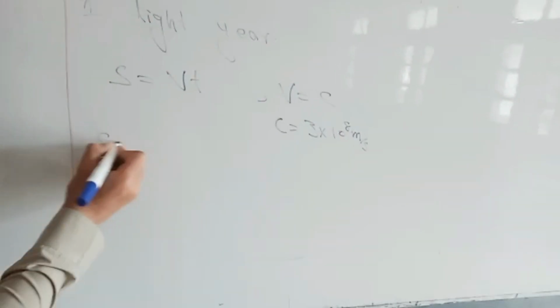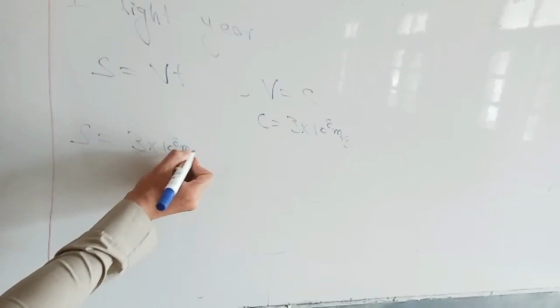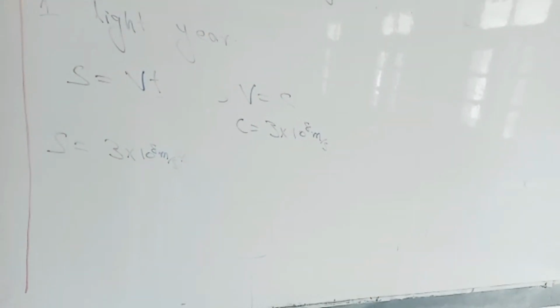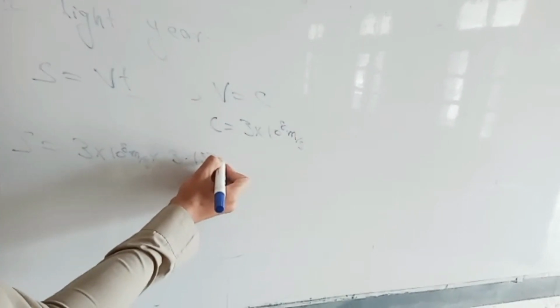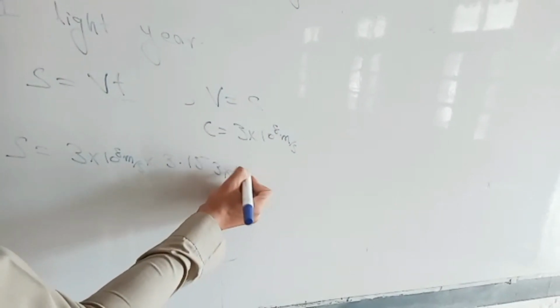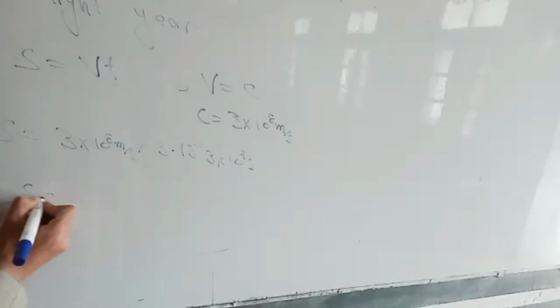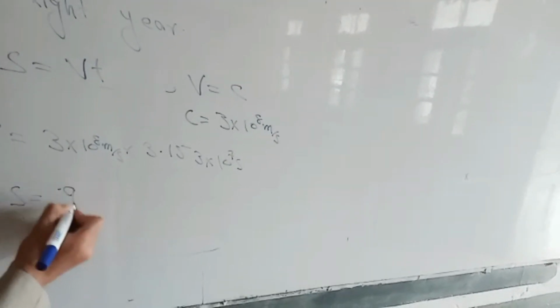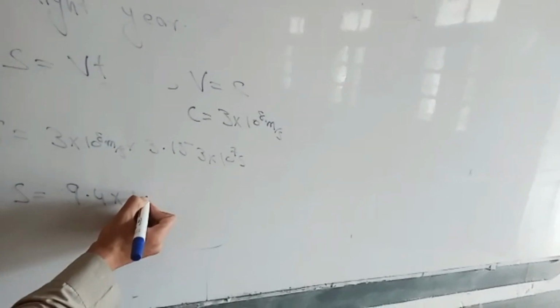So S is equal to 3 into 10 to the power 8 meter per second into time, which is 3.153 into 10 to the power 7 second. So the distance is 9.4 into 10 to the power 15 meter.